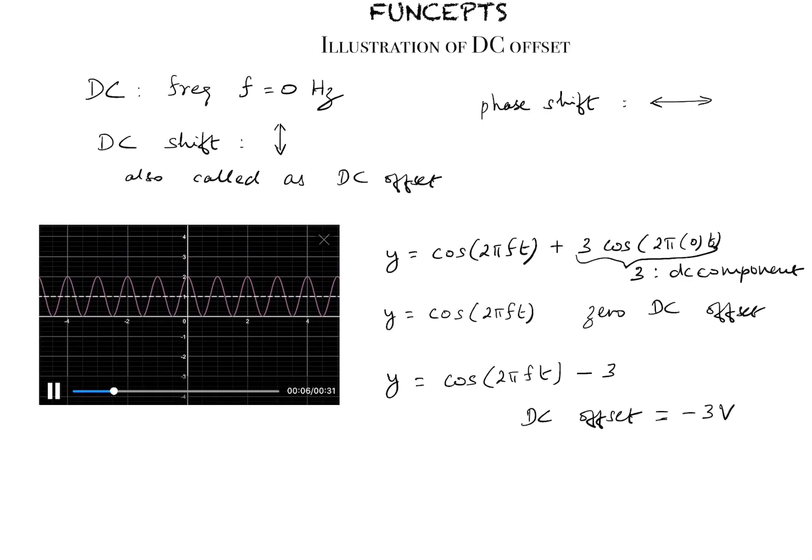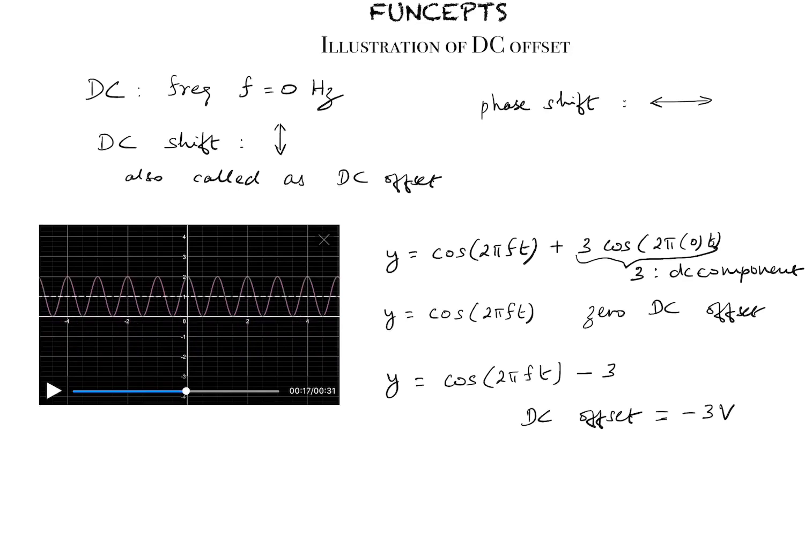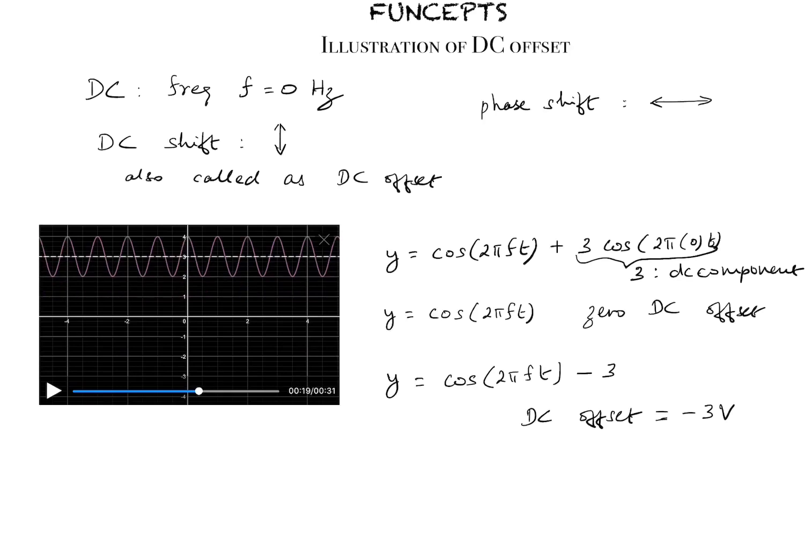And similarly, if the DC offset is negative, here it's -1, here it's -2 and here the DC offset is -3. And in the reverse direction, a DC offset of -2, of -1, of 0, of +1, +2 and +3 and so on.